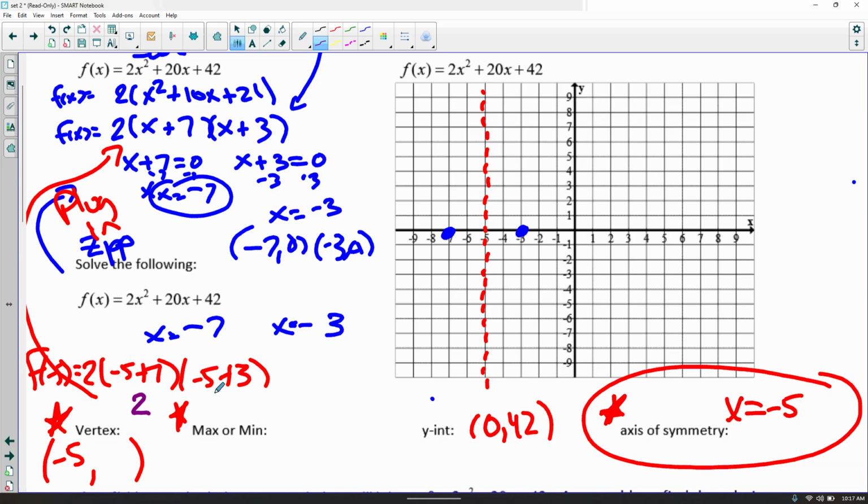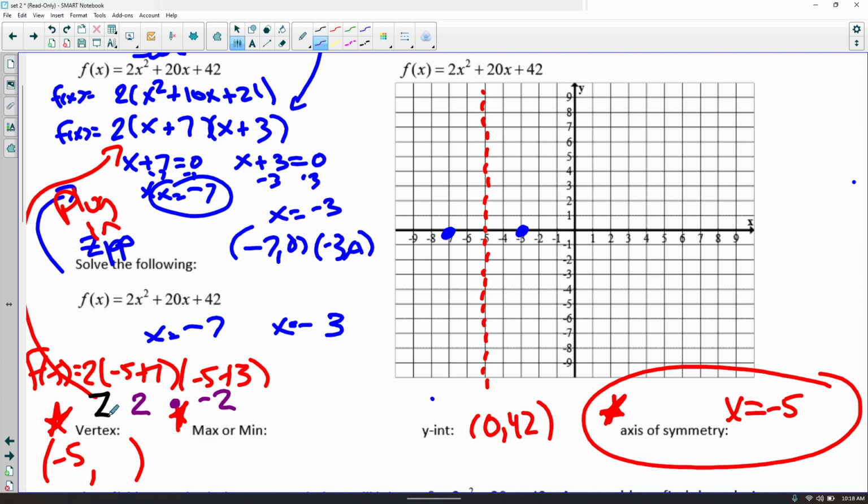All right, what's -5 plus 3? What am I missing, Peyton? I have -5 plus 7 is 2. -5 plus 3 is -2. I'm plugging it into my function here. What am I missing?